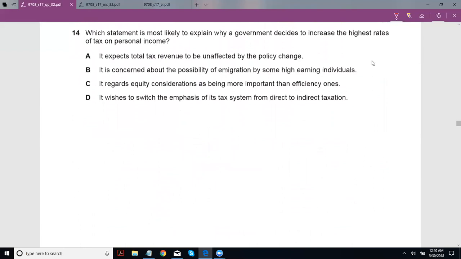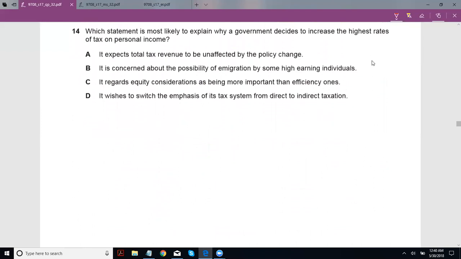So that's C. Which statement is most likely to explain why a government decides to increase the highest rates of tax on personal income? It expects total tax revenue to be unaffected by the policy change.